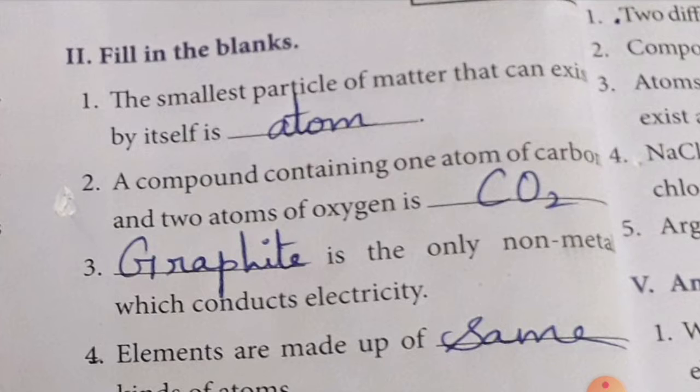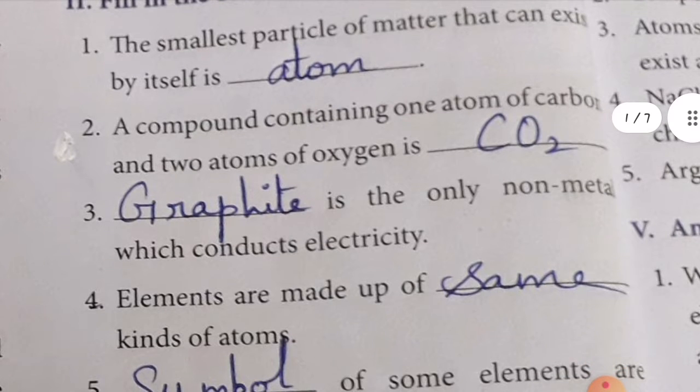Here there is only one carbon C, and where there is no number, it is only one. How many atoms are present in oxygen, children? Two atoms. So the answer is CO2, carbon dioxide. Carbon plus oxygen, two elements combined to form a compound, as you already know.